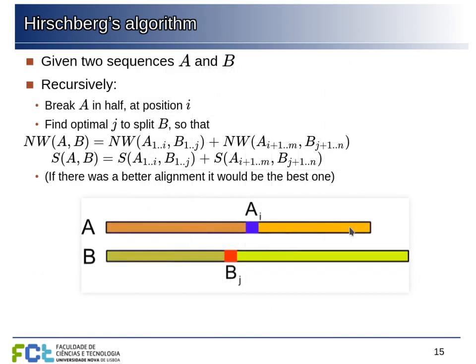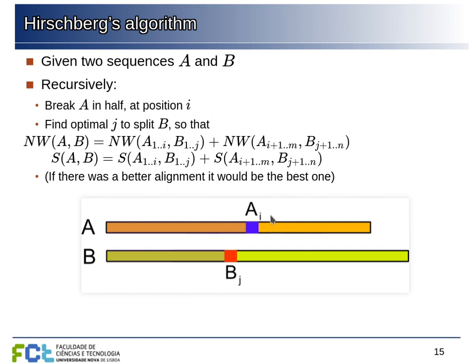So this is the idea of Hirschberg's algorithm. We start with two sequences, A and B, and now we're going to do this recursive algorithm like this. We're going to split A in half. We're going to put one half on one side, one half on the other, and we choose this position I where we're going to do the split.